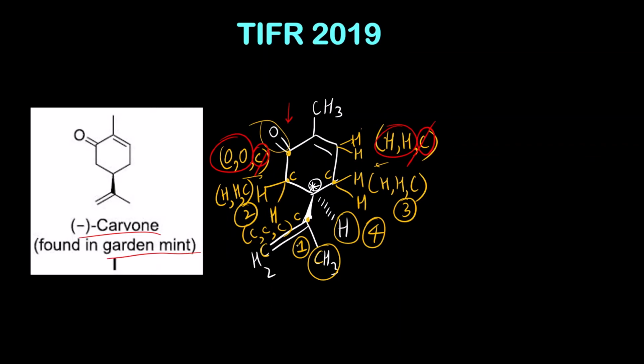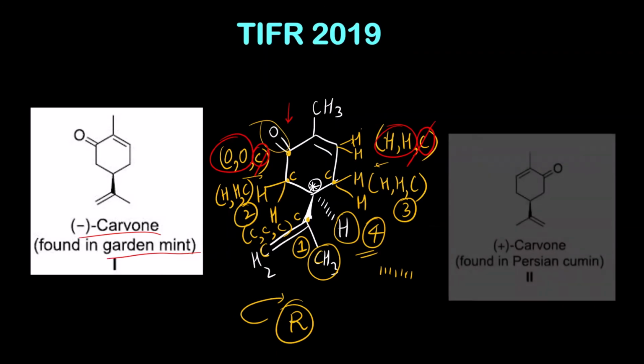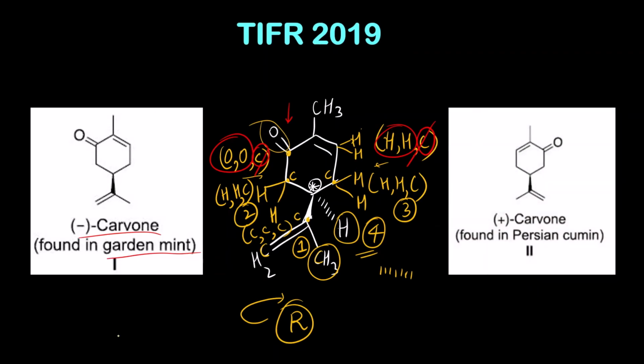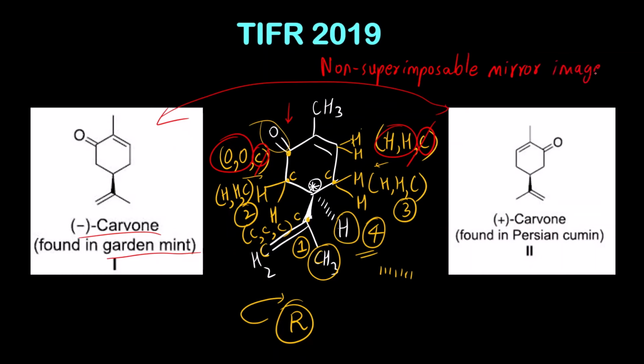Now if you see from 1 to 2 to 3, it is clockwise. And you can see the fourth priority group is on the dash bond. So the absolute configuration will be R. Now if you see this molecule, that is the second one, both these molecules are nothing but non-superimposable mirror images, or they are enantiomers.